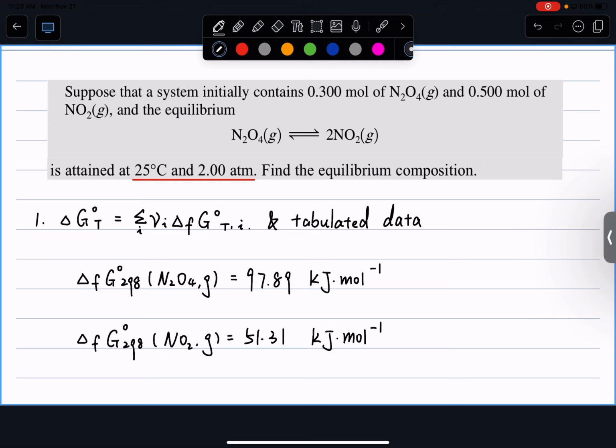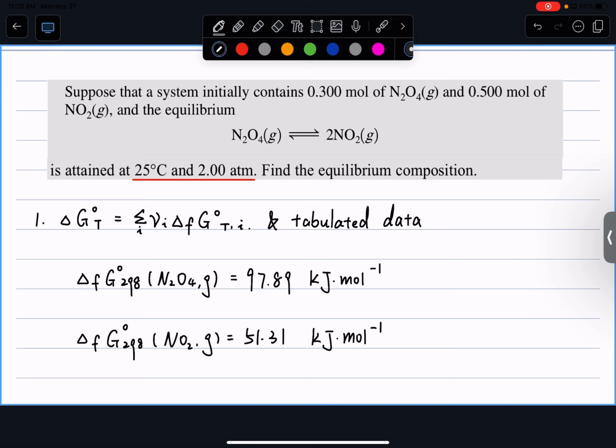When you put that here, your initial number of moles is given in the question. The initial number of moles of N2O4 is 0.300, and the initial number of moles of NO2 is 0.500. And our delta N, or how much the number of moles is going to change from the initial state to the equilibrium state, is given by the extent of reaction ξ.